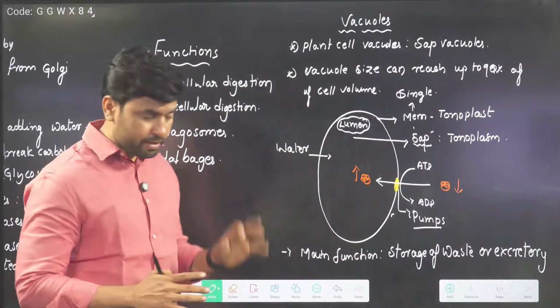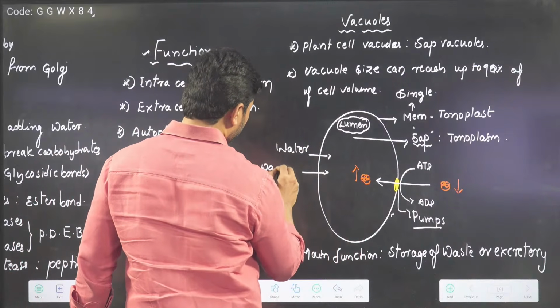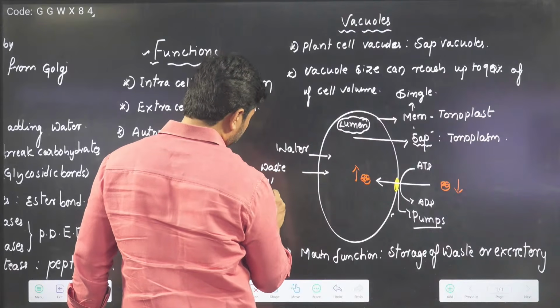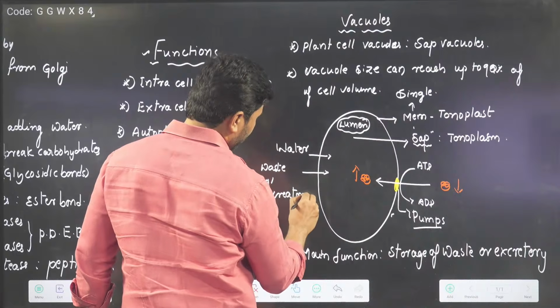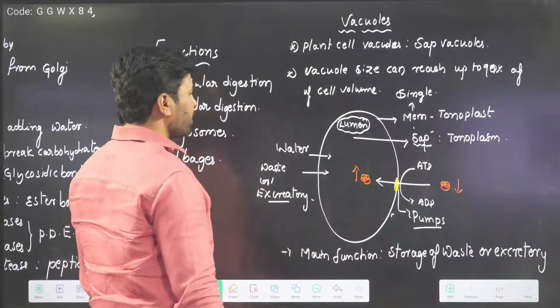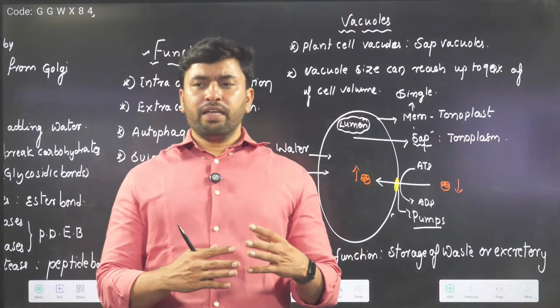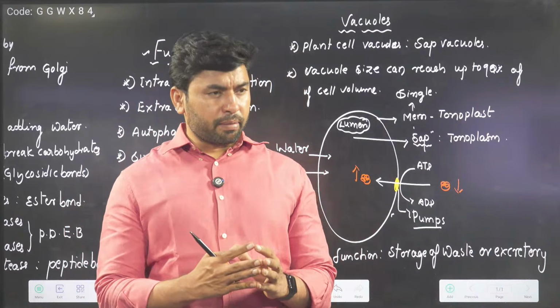Water will be present. Next, obviously, waste or excretory substances. Other than that, nothing else will be present inside the vacuole. Just think of the vacuole as nothing but a dustbin.